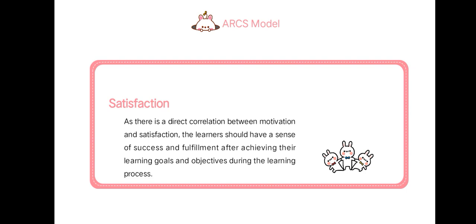The ADDIE model focuses on the systematic, step-by-step process. Kumbaga gradual yung step ng ADDIE model. Hindi ka pwedeng mag-jump sa pinakadulo kung hindi mo pa nasisimulan doon sa pinakauna.